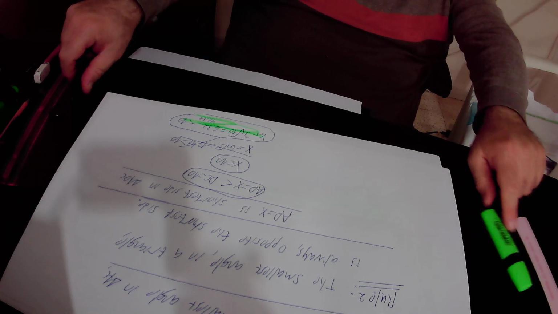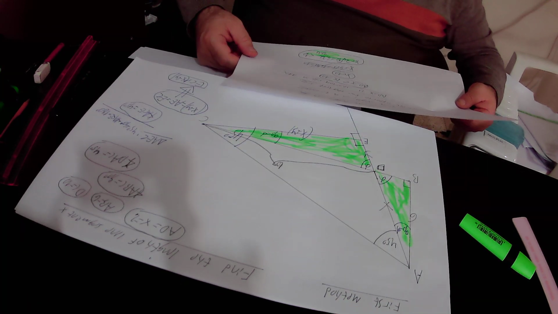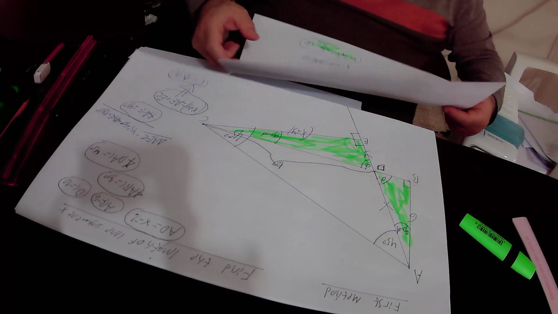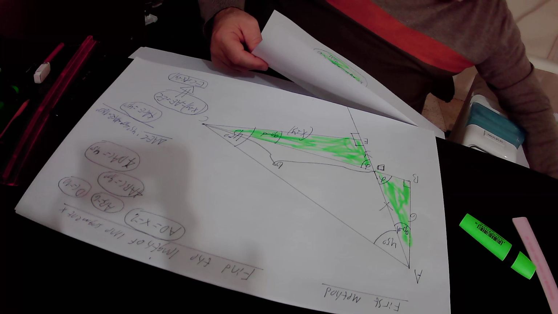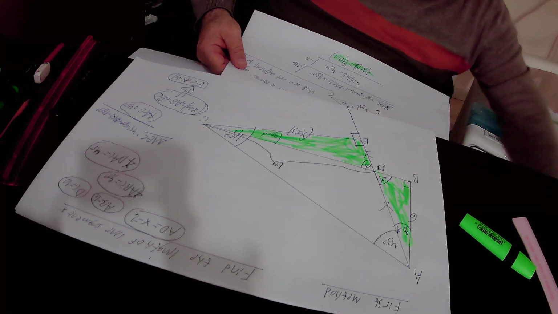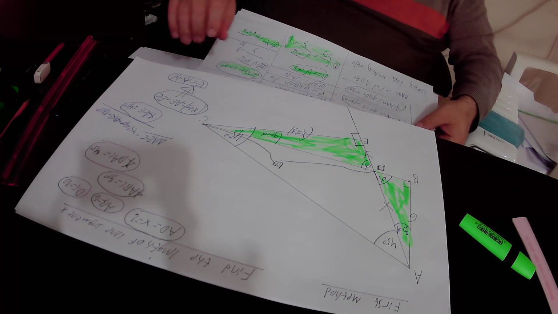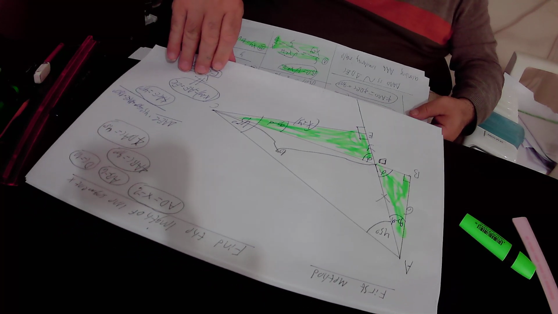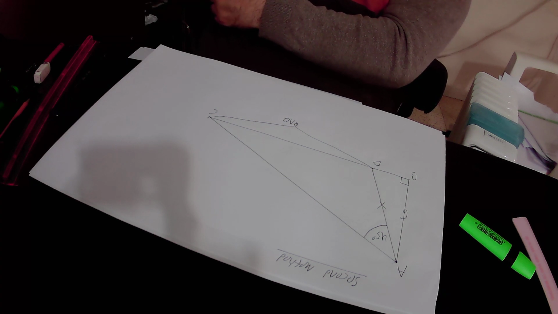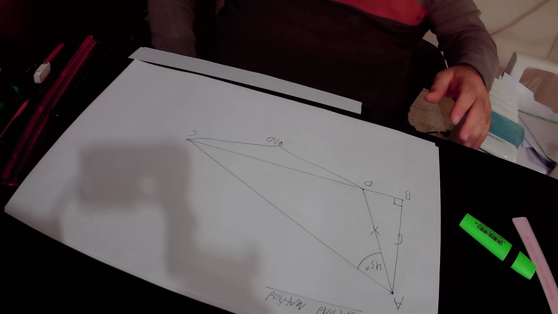In the next step, I will present to you how to find the value of line segment AD that is equal to x according to the second method. In the second method, we will do another construction.